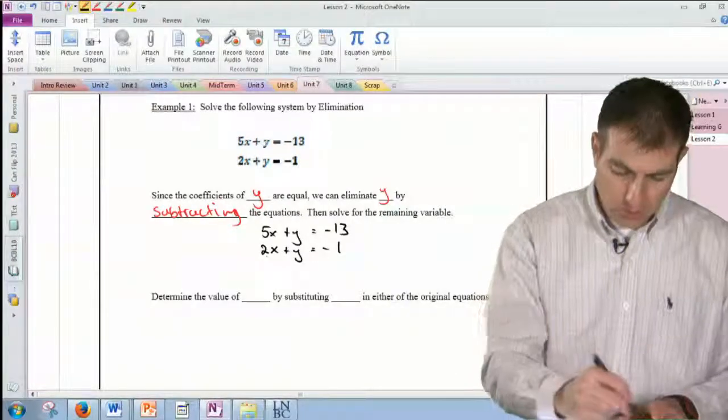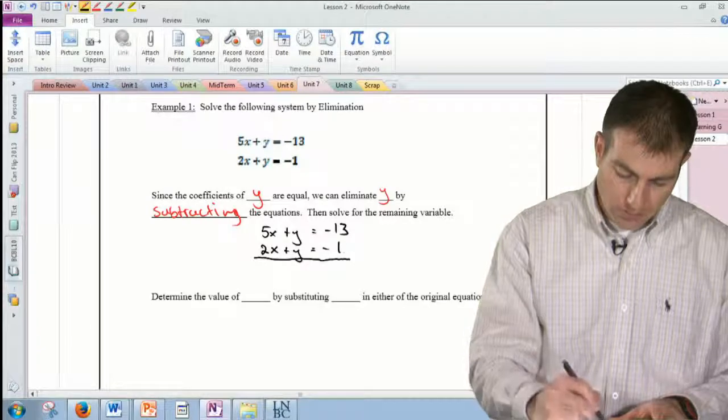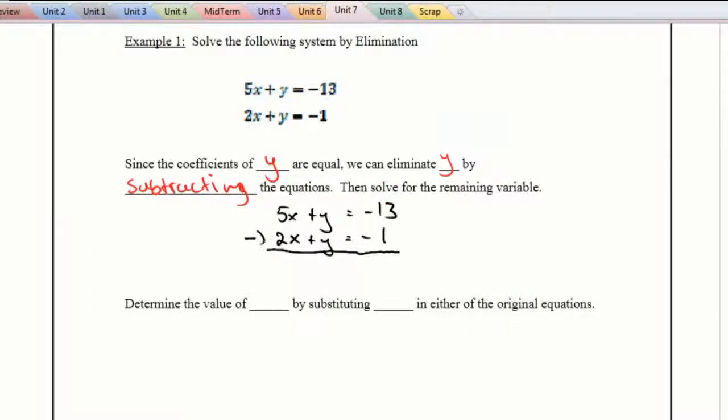So what we're going to do is draw a line like we're adding or subtracting in elementary school, and I'm going to put subtraction in front of this. We're literally going to subtract my two equations, which may seem kind of weird. I'm just going to work across each column.